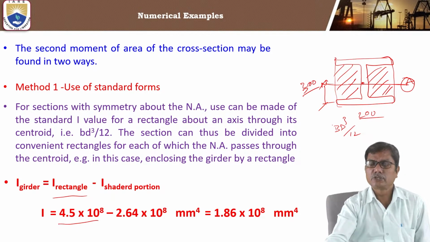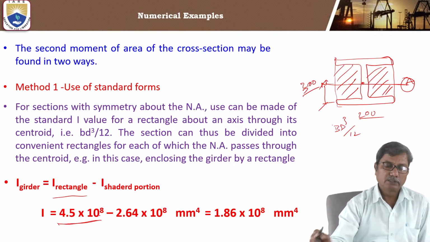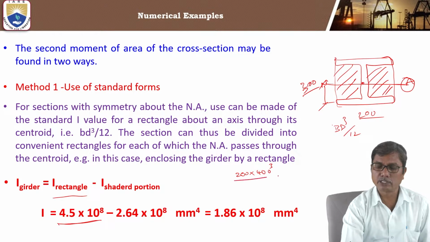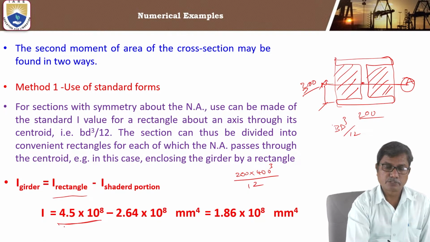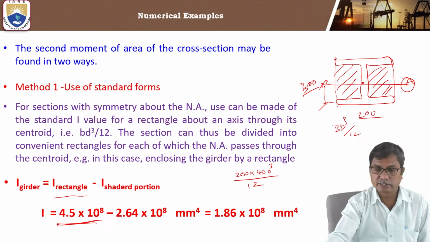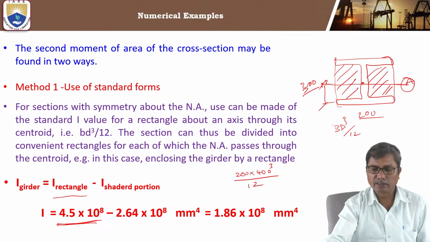So BD cube by 12 comes out to be 4.5 into 10 power 8 millimeter power 4. The units are millimeter power 4.